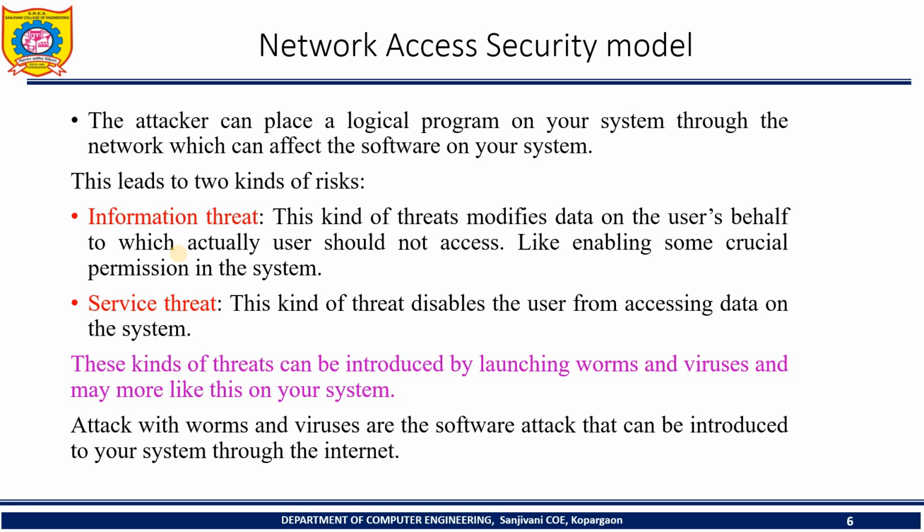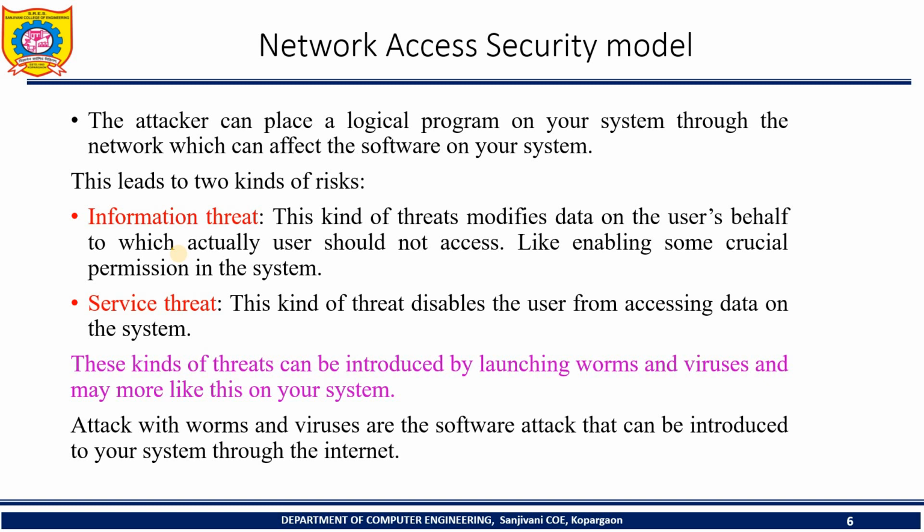This information threat can disable the antivirus software so that any malicious activities can take place in your system. They are trying to enable or disable the crucial permissions in the system. So that is the first one.